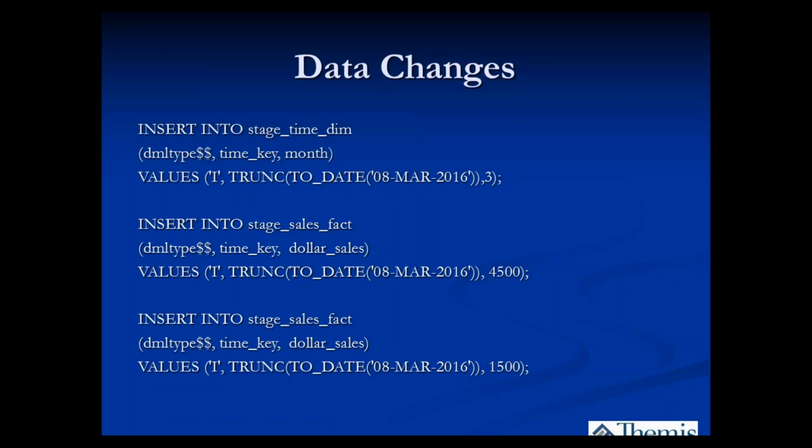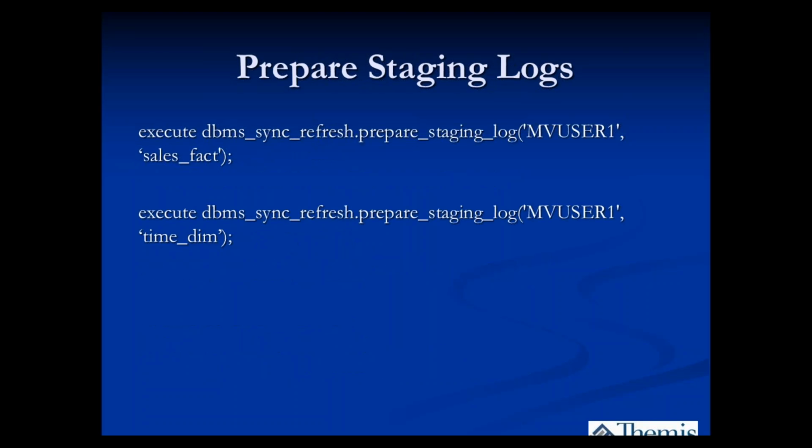At this point, we're just gathering the changes, putting them into the staging tables. Then at some point, when we're ready to do the actual refresh of the real tables and the real materialized view, that's when we'll finish off this process, which we're almost there, so hang in there. Okay, so changes come in, we process those against the staging tables. Now once we're ready to apply the changes, we have to do some preparation first.